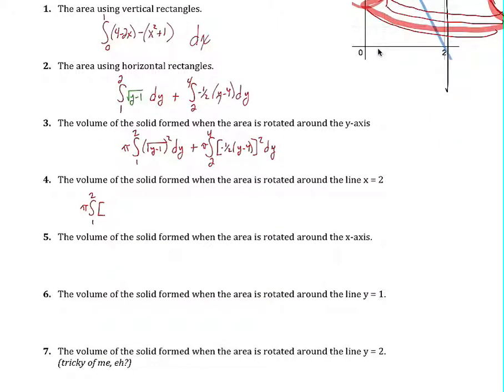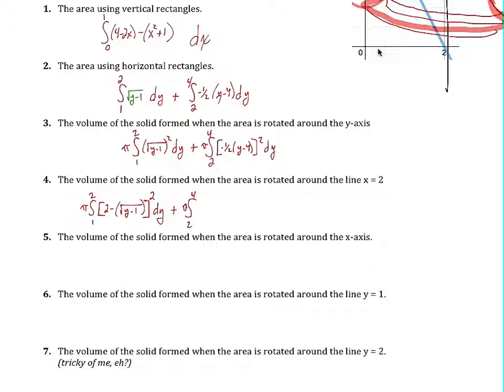So we should get 2 minus the red function, which is the square root of y minus 1. And again, we're doing this in the dy direction, so everything gets written in terms of y. So this is squared dy, that's your first integral, plus the second integral is going to go from 2 to 4 of pi r squared.